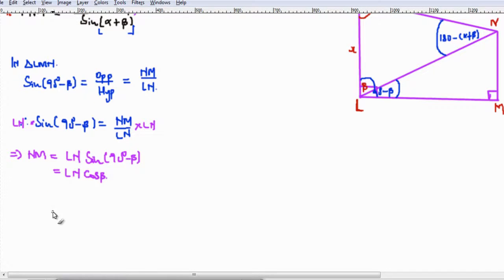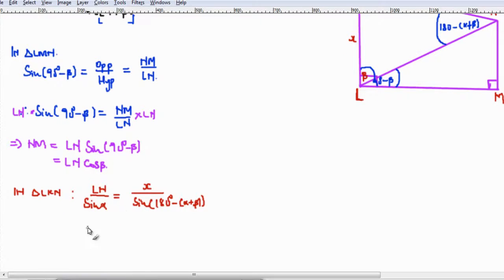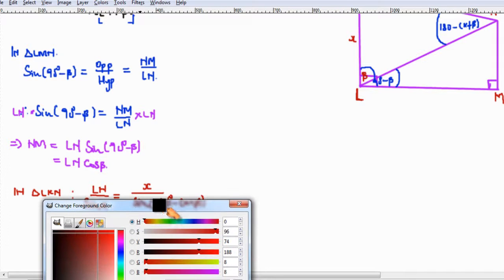So let's say in triangle LKN, if we look at the sine rule, this length LN over sine of the opposite angle is equal to x, which is the length that is given, over sine of the opposite angle, which is 180 minus alpha plus beta.